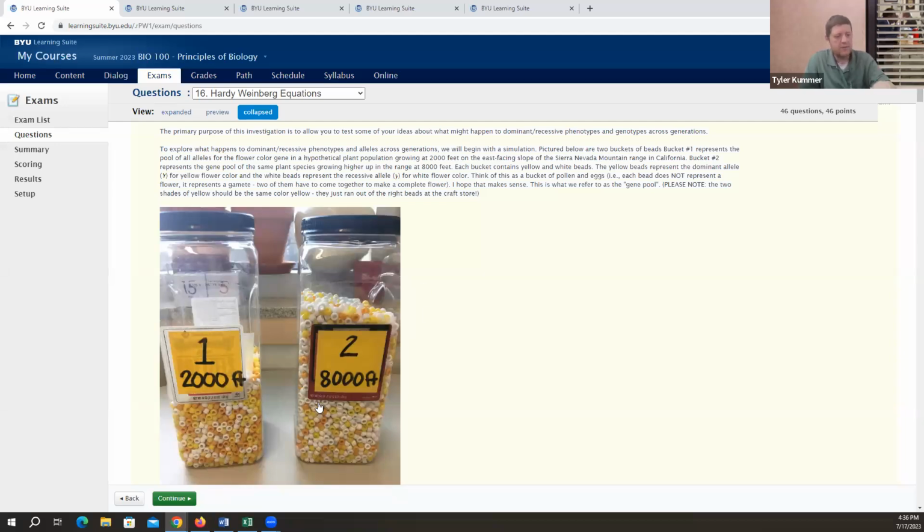So anytime we go in and grab two, because two alleles is what makes an individual, right? Every time we go in there and grab two, as long as those two alleles get passed on to the next generation, those alleles are still there, right? So they don't go away.